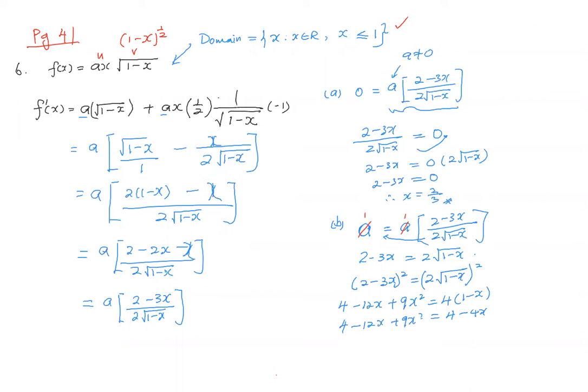So I have 9x squared minus 8x equal to 0, right? So x times 9x minus 8 equal to 0. So I have x equal to 0 or x equal to 8/9. Both are accepted because both are less than 1. Is that the answer?